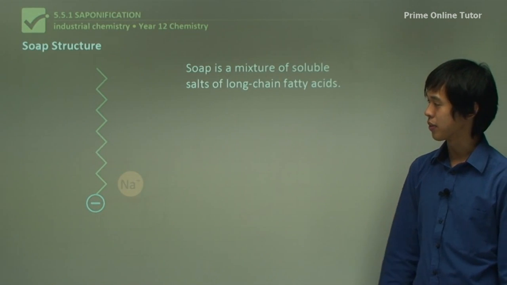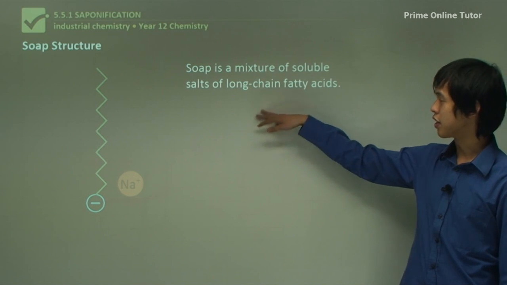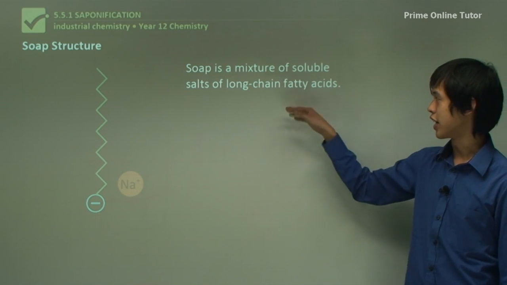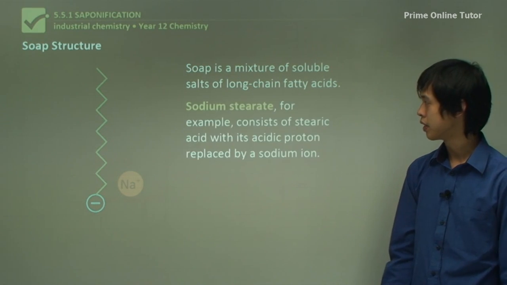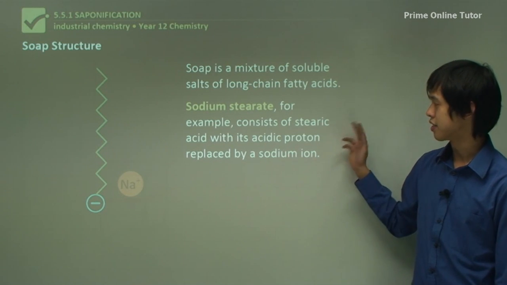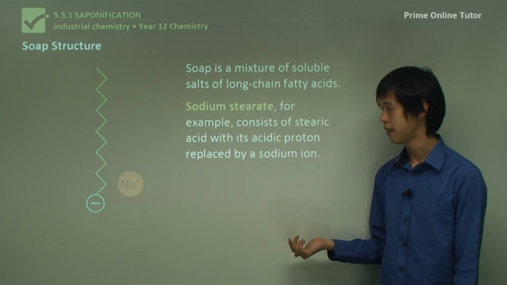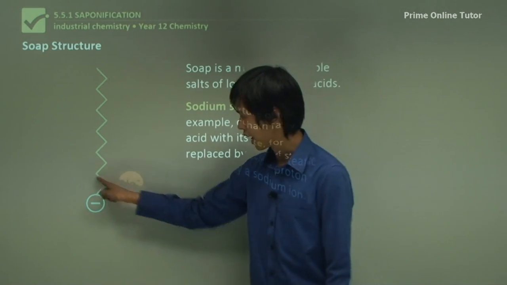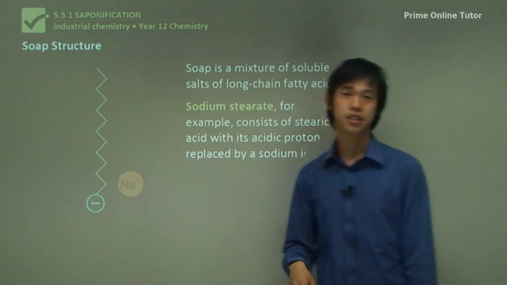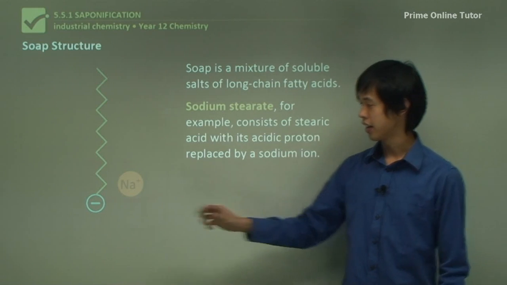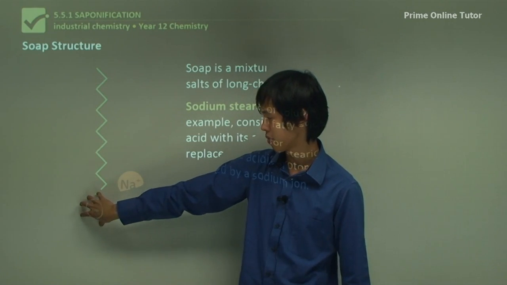Now that soap structure that we saw is a mixture of soluble salts of long chain fatty acids. Sodium stearate, for example, consists of stearic acid with its acid proton replaced by a sodium ion. This squiggly line here represents the stearate chain, and this would have been stuck to there.